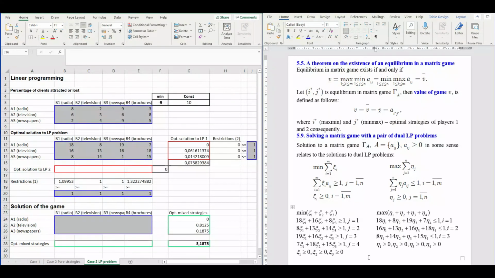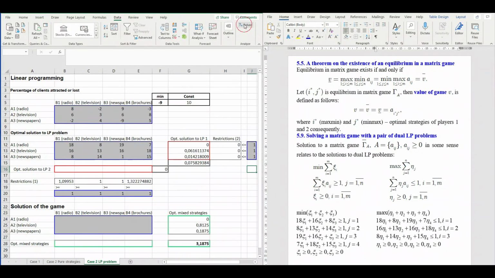Let us find an optimal solution to the second linear programming problem, and after that we will calculate the optimal strategy of the second player. We will find an optimal solution to the second problem with Solver. Before we continue with the optimal solution in Solver, we should clean this from the previous calculations.